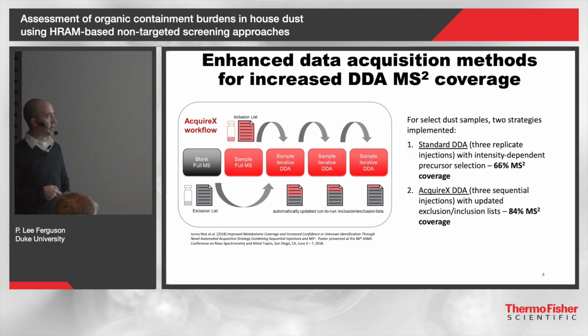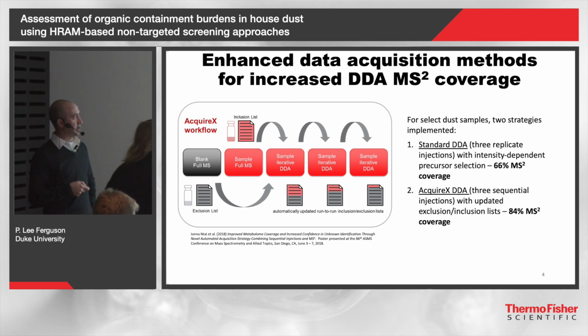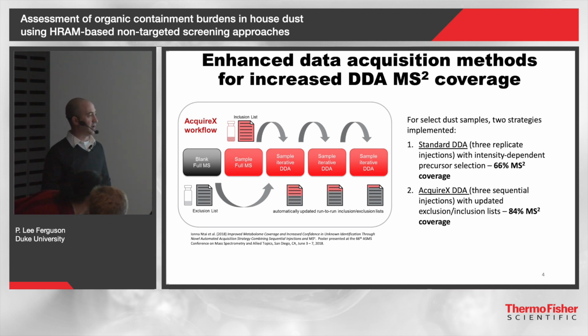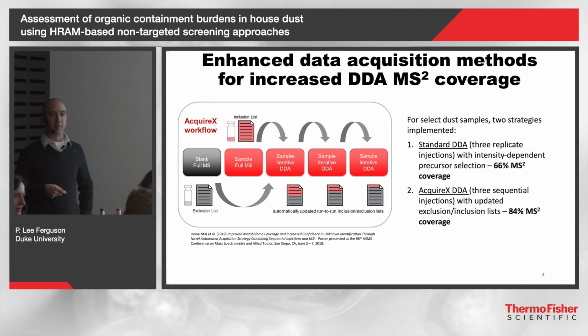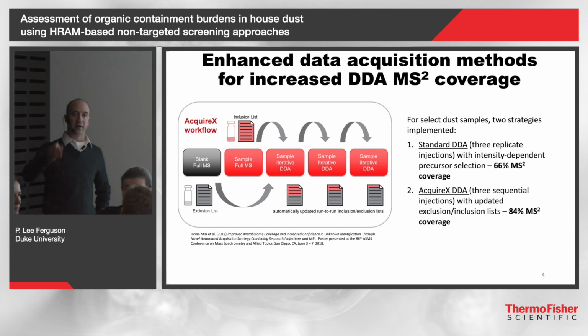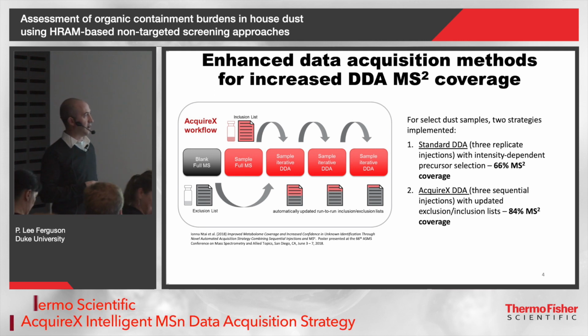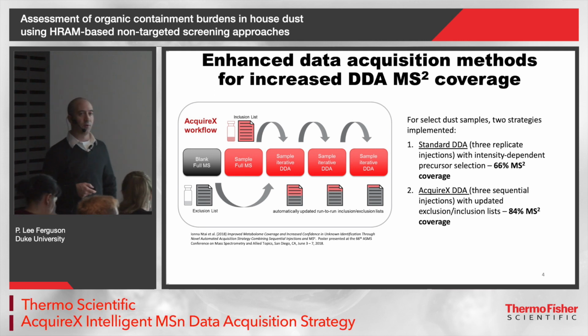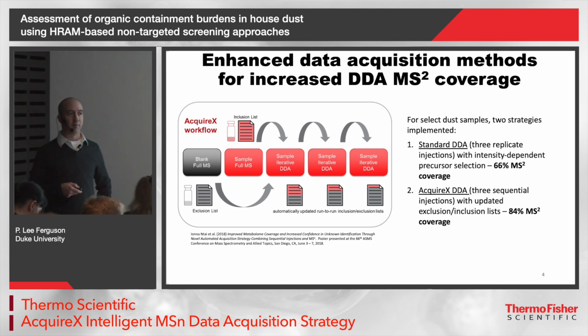I won't show this data, other than to mention that when we do our standard DDA, with 3 replicate injections using just intensity-dependent precursor selection, we're getting about 66% MS2 coverage. This is just injecting the same sample 3 times and letting the DDA do its thing. If we implement AcquireX, we increase this to about 84%, 85% MS2 coverage.